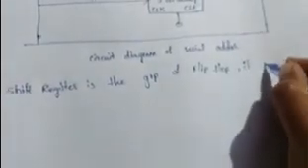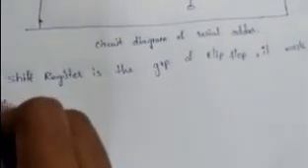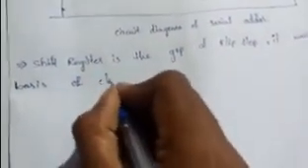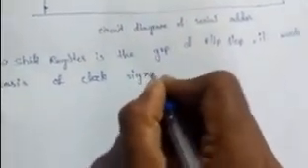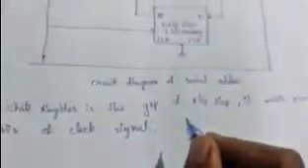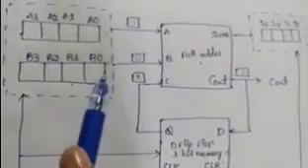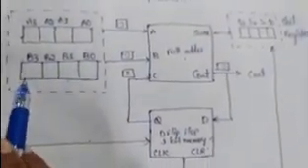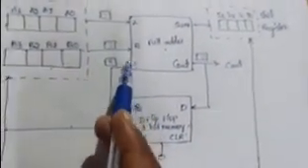It works on the basis of a clock signal, which is nothing but a square wave. These shift registers shift the data towards the right side, which means to the full adder. Whatever data is available on its LSB side will be shifted out and given to the full adder.